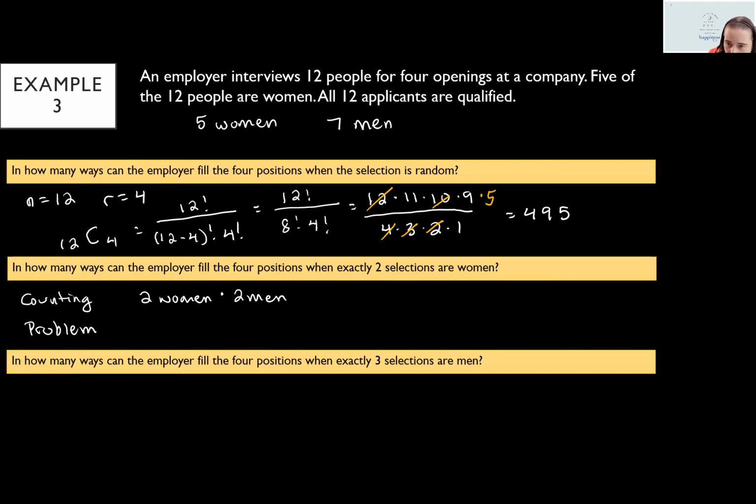So then to get 2 women, we've got 5 and we're choosing 2. And then that's 7 choosing 2 for the men. So we're picking from 2 different buckets now, and then you multiply those together.